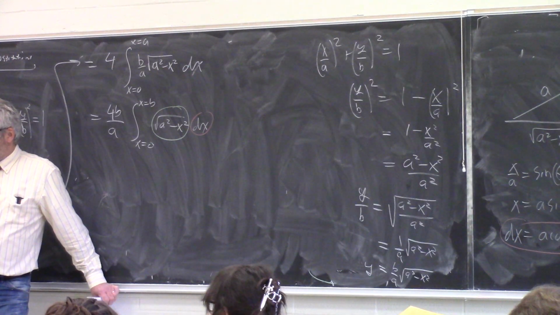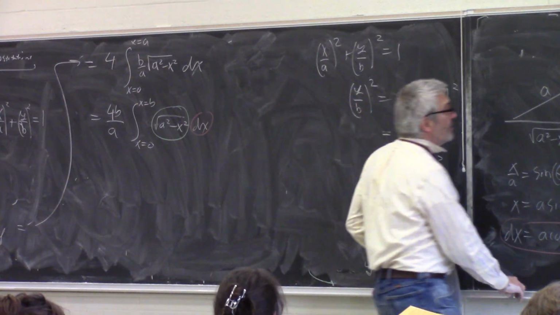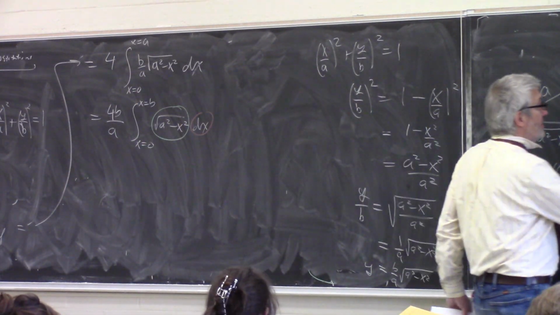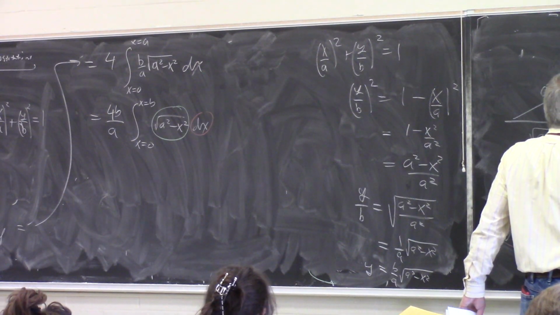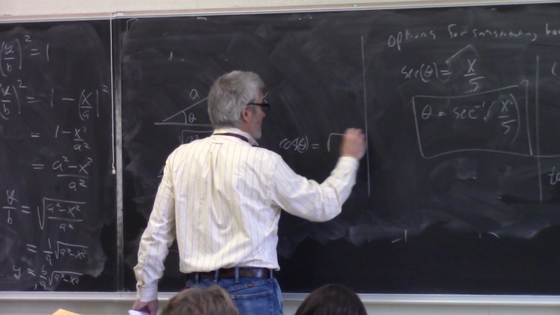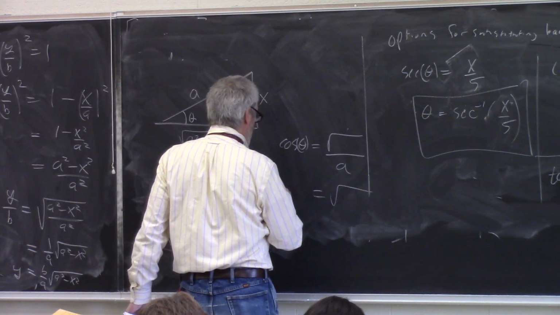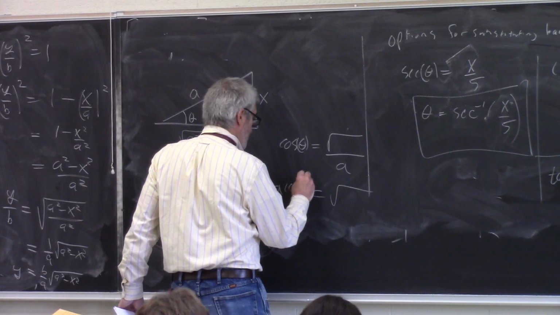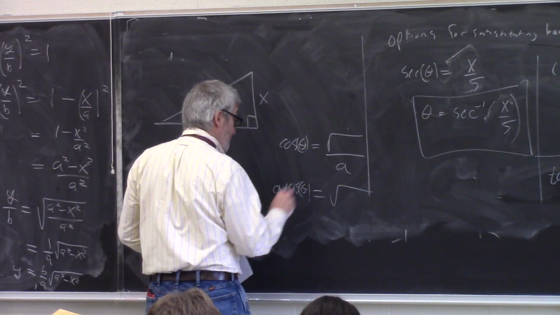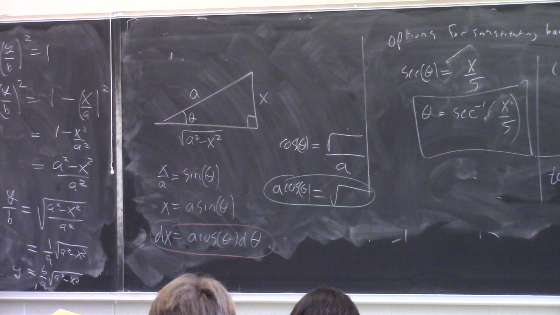Yeah. It'd be a cosine. Yeah, because we get that cos theta, so here's my theta. I always put theta down here. Cos theta is going to be the square root term divided by a, so the square root term is going to be a cos theta. There's my green thing. So I've got a new version of that.